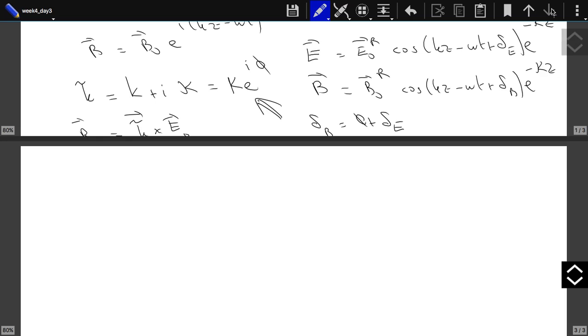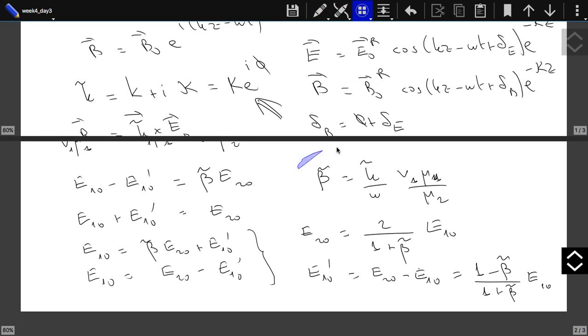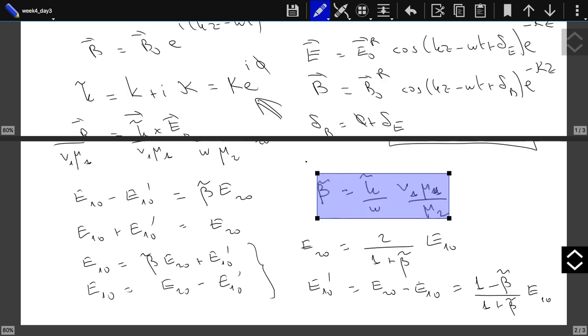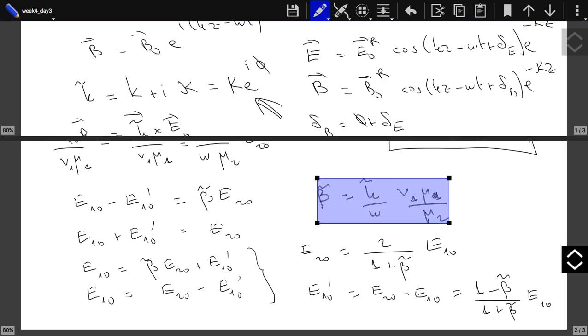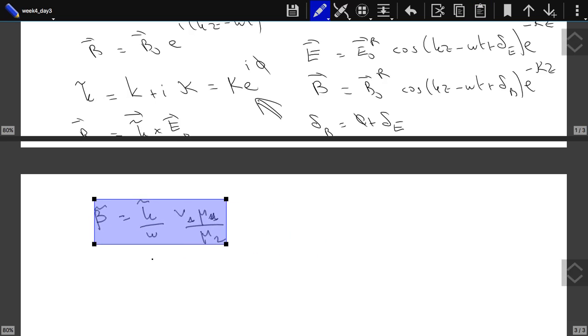Okay, so what can we say? Well, let's look at beta tilde. Beta tilde, all these are real numbers, is proportional to k tilde, and we had seen that k tilde is equal to k plus i kappa.